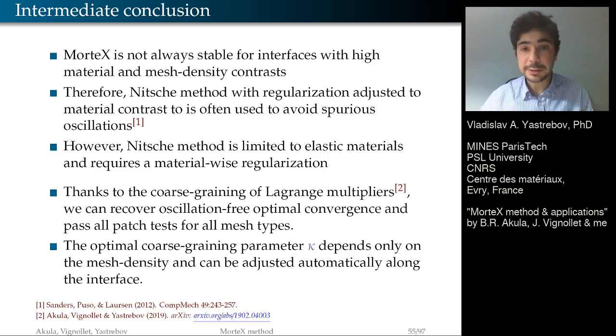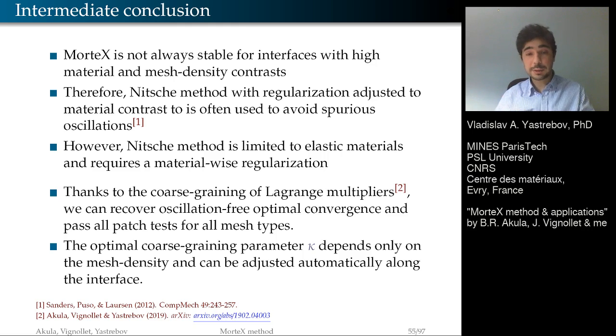Coarse-graining is done in a way that the number of Lagrange multipliers is equal to the number of degrees of freedom in the host mesh. In this way, kappa can be selected automatically without any particular knowledge. Kappa only needs to know the mesh density on one side and the other side, so it's easy to adjust automatically in the code.